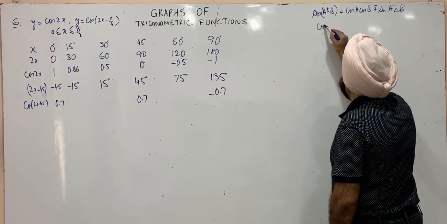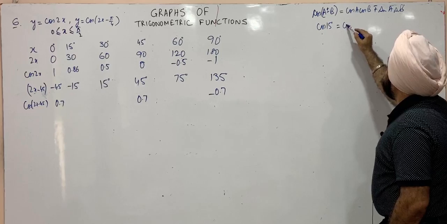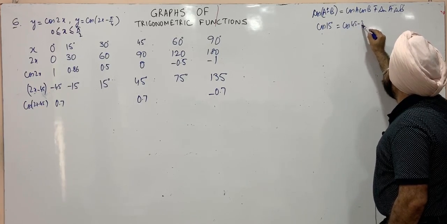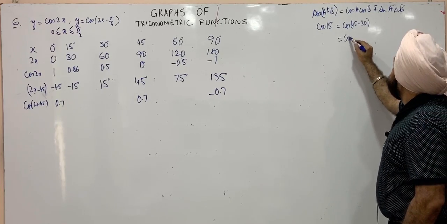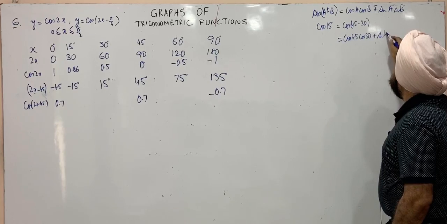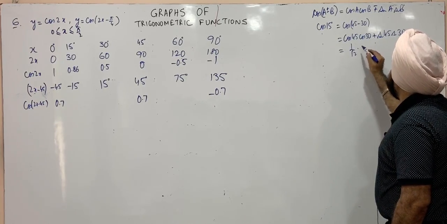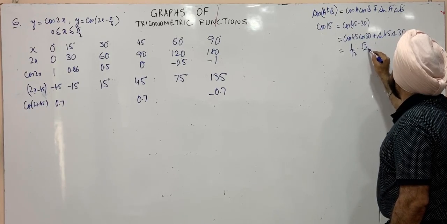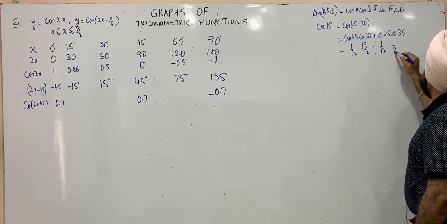I want the value of cos of 15. 15 can be written as cos of 45 minus 30. This is cos a minus b, this is cos a cos b plus sin a sin b. 1 by root 2 into cos 30, plus 1 by root 2 into sin 30, that's 1 by 2.